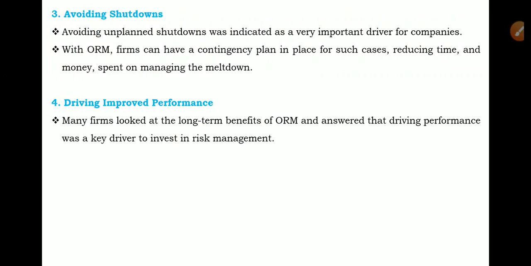So driving performance means any company expecting long-term returns on their investments. Every company's main motto is to earn profit, not to incur losses regularly. Improved performance happens due to operational risk management. A better operational risk management can help us to improve the performance of the organization.